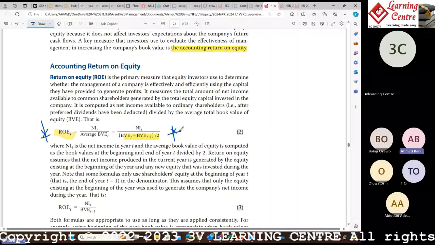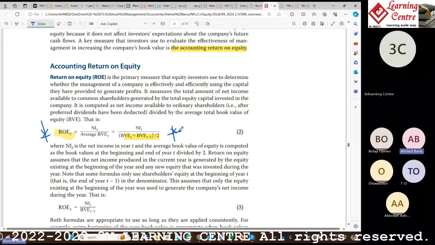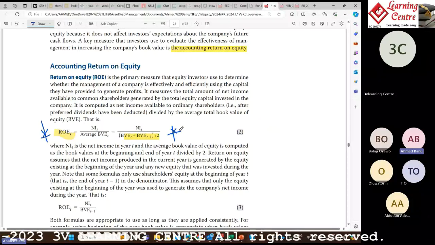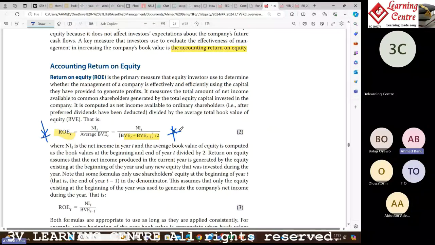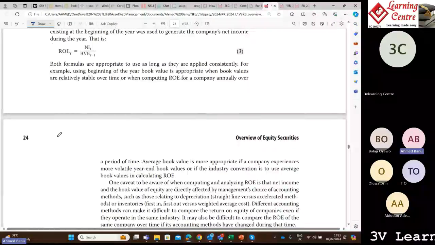So return on equity assumes that the net income produced in the current year is generated by the equity existing at the beginning of the year and any equity that was invested during the year. Note that some formulas only use shareholders' equity at the beginning as the denominator, but it's best for you to use average for completeness.